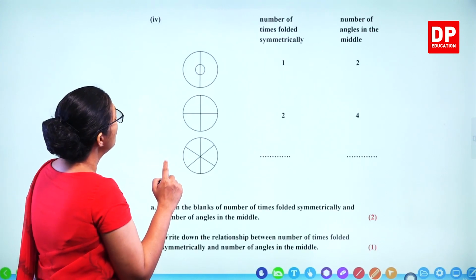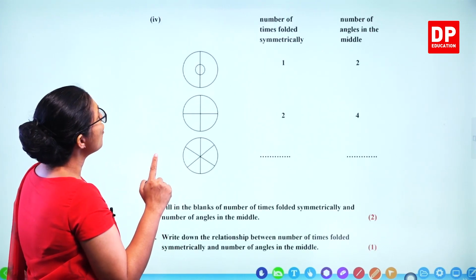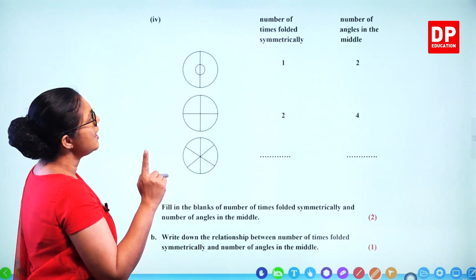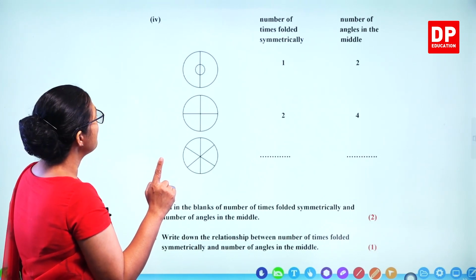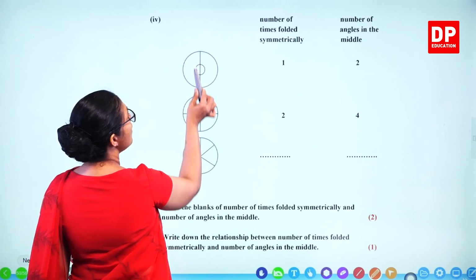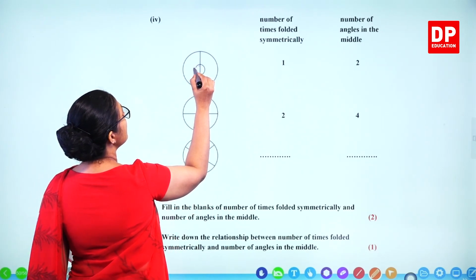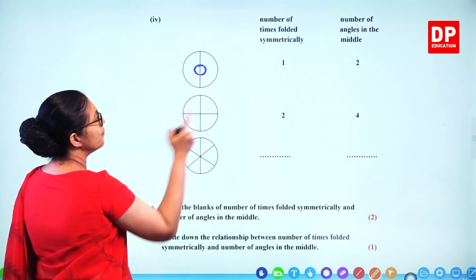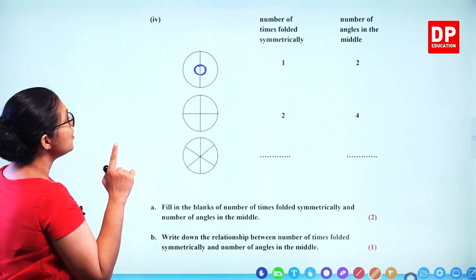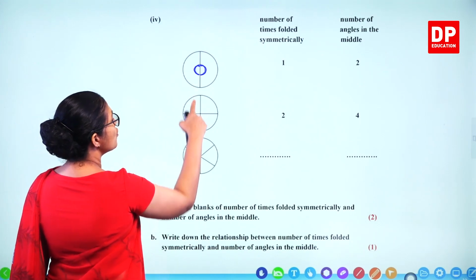Part 4, you have 3 circles, number of times folded symmetrically, number of angles in the middle. So this is only once. So how many angles are there? This angle and this angle too. This is divided into 2 parts.